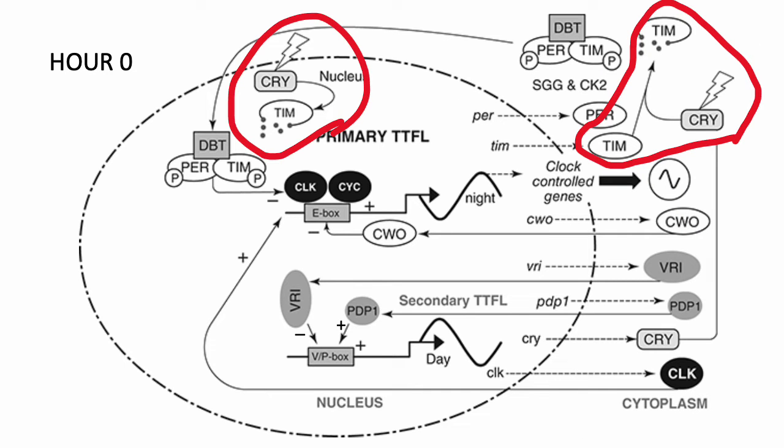So we can see here, going back to our complex map of the molecular clock, cryptochrome, when exposed to light, tags TIM for degradation.